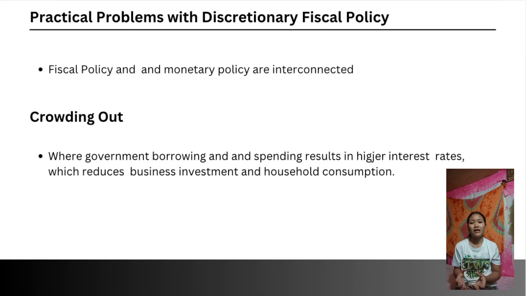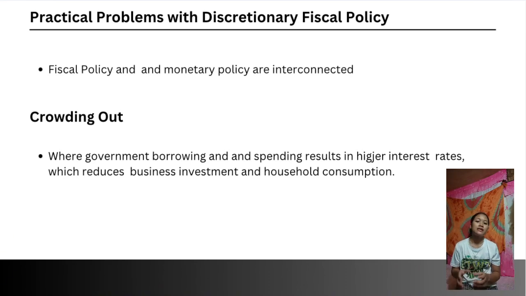One example is if the government increases spending, or fiscal expansion, it might increase demand for money or borrowing, which can push up interest rates, interfering with monetary policy goals like controlling inflation. That's why fiscal and monetary policy are always interconnected.